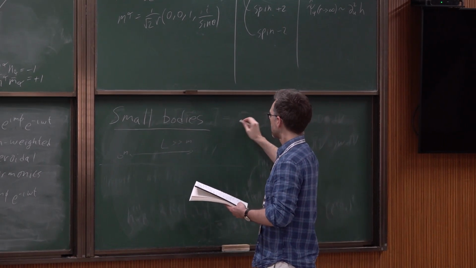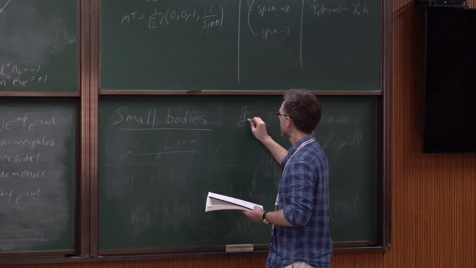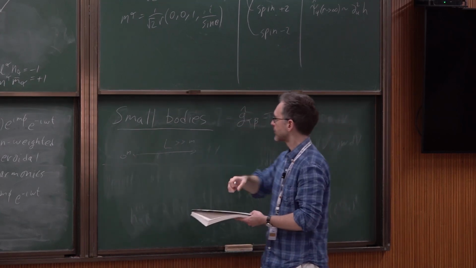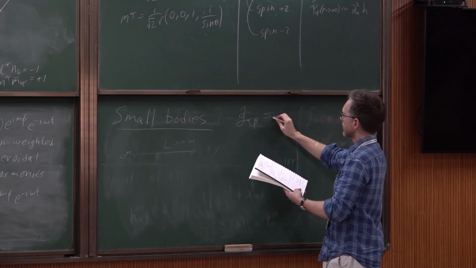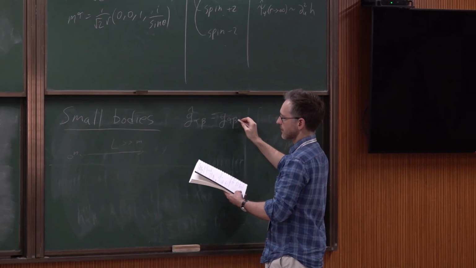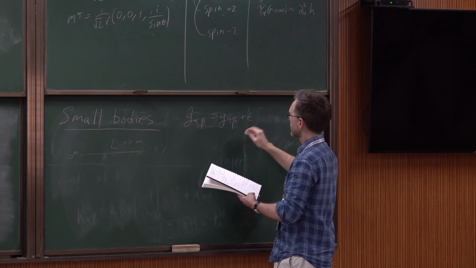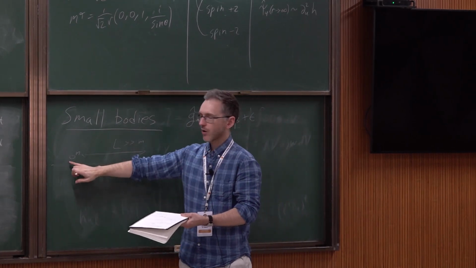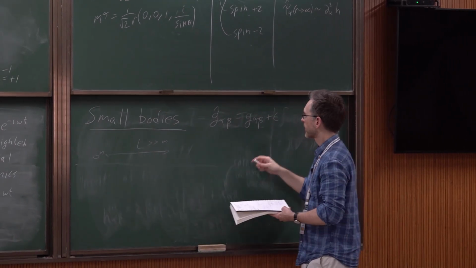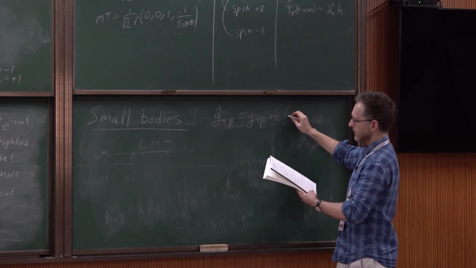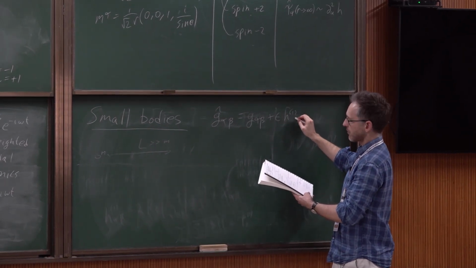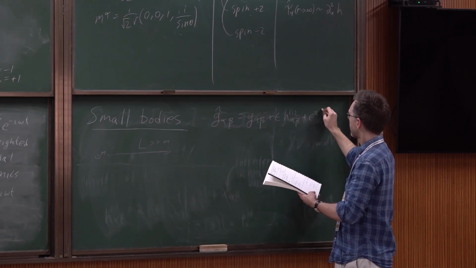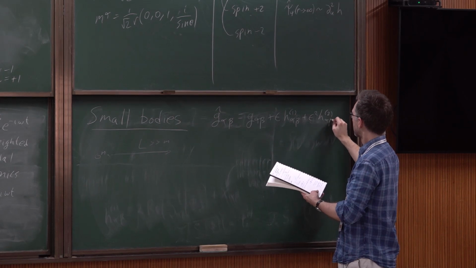We said that we could assume that the exact metric describing this space-time with this little object in it, I said this in the first lecture, we're going to write as a background describing this external stuff if the small body was not in the space-time, plus perturbations coming from the presence of the small body.